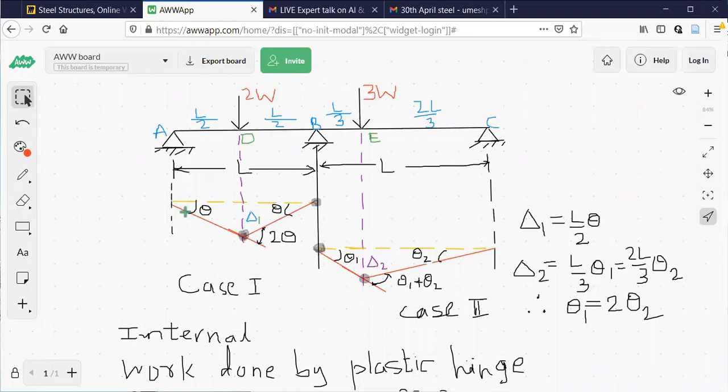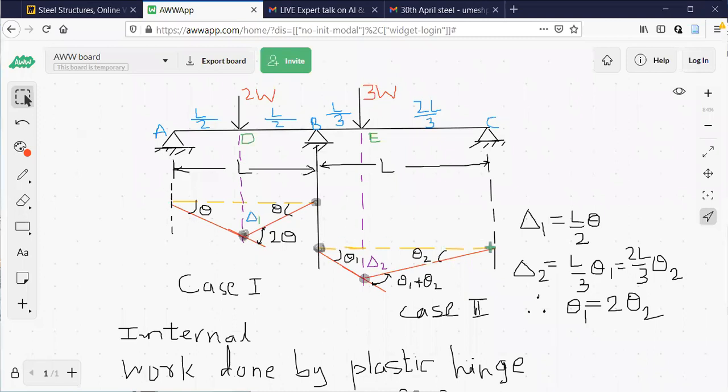Finally, when it is on the verge of failure, when the span AB is about to collapse, that time this is the shape. Okay, now there is no plastic hinge indicated at A. What is the reason for that? Anybody has an answer for this? You try to answer this one, unmute and try to answer why I have not shown a plastic hinge here.